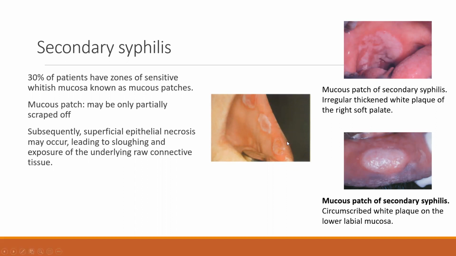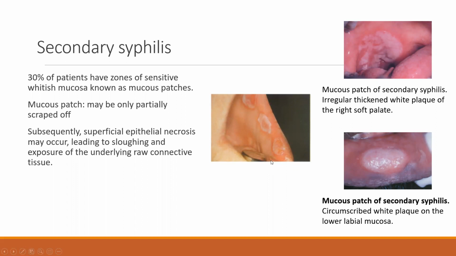These mucous patches can be seen anytime after 4 to 10 weeks of initial infection. The lesions of secondary syphilis may arise even when the primary syphilis lesions are still present in the oral cavity. Commonly, it occurs on lips, buccal mucosa, tongue, and palate. Sometimes the resolution occurs spontaneously within 3 to 12 weeks. However, they can relapse.